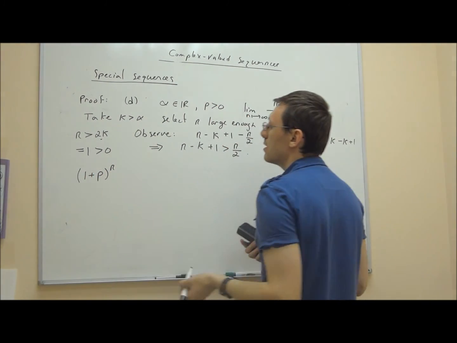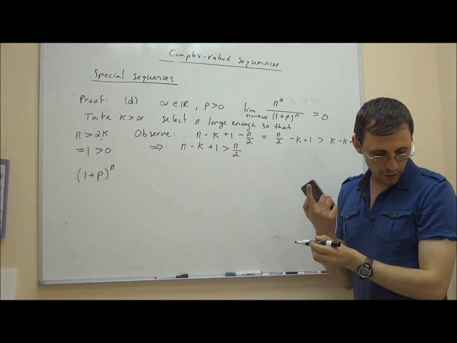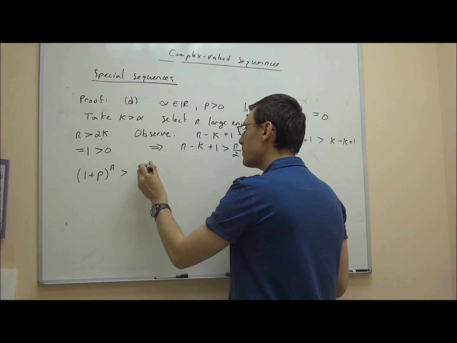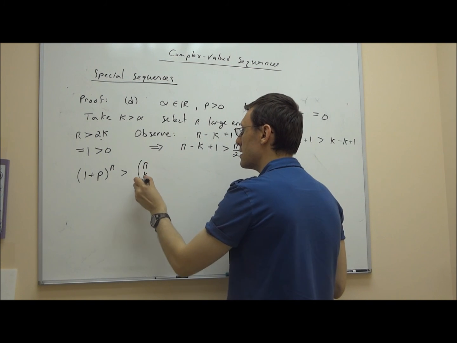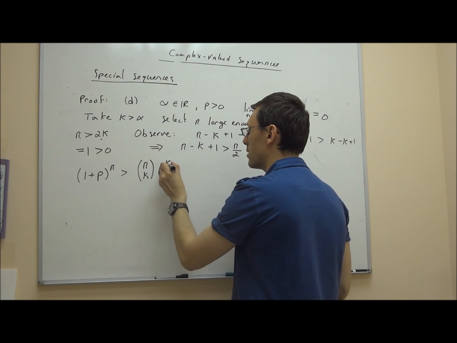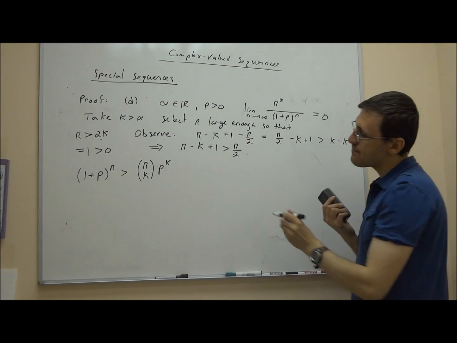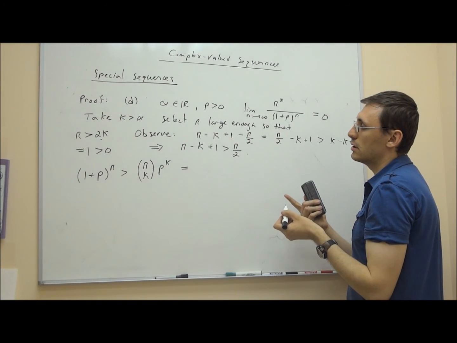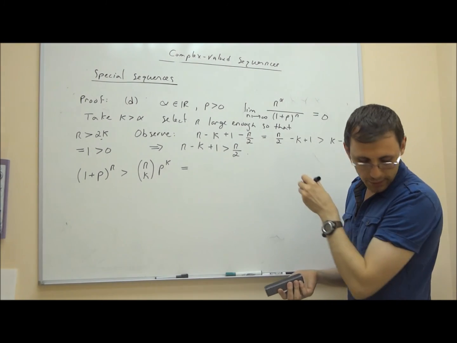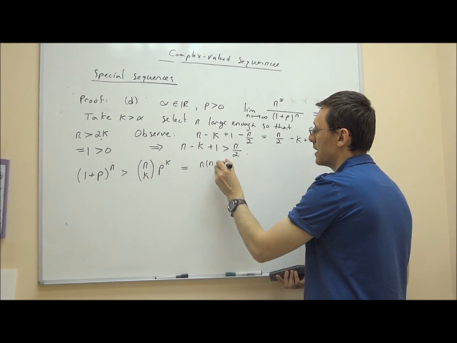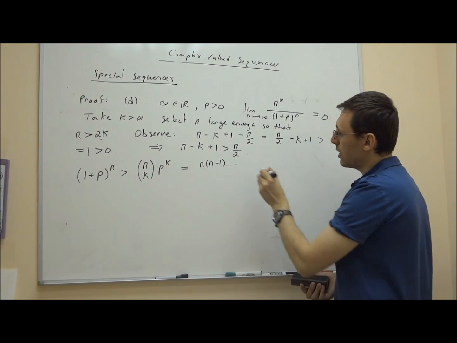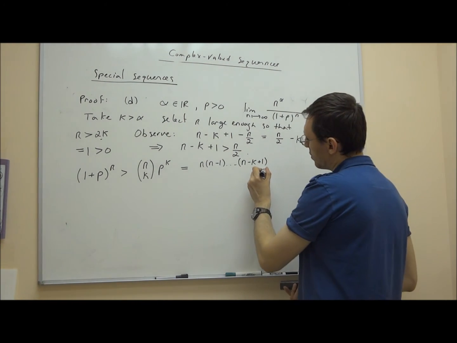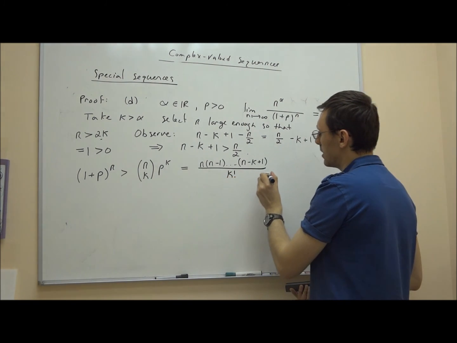P is positive, so this entire thing is positive, and by the binomial theorem, we can say that this is bigger than n choose k times p to the power of k, which once n choose k is expanded, it will be n factorial divided by k factorial divided by n minus k factorial, and once you simplify everything you get n times n minus 1, etc., all the way to n minus k plus 1, divided by k factorial, times p to the k.